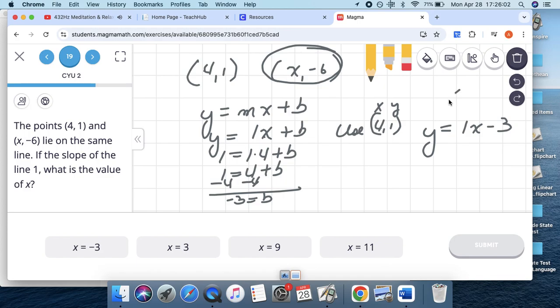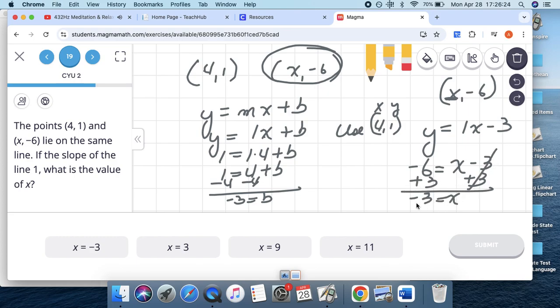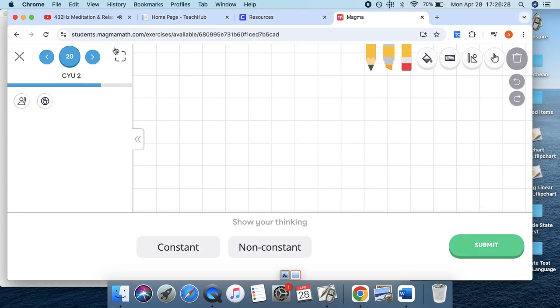Let me use the equation and plug in negative 6 for y. So when y is negative 6, let's find x. So x minus 3, I'm going to add 3 to both sides, that goes away, and x equals negative 3.